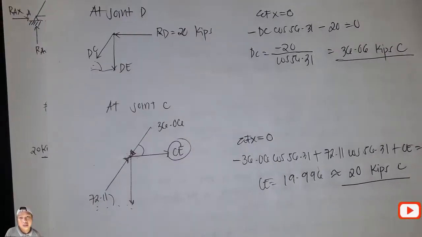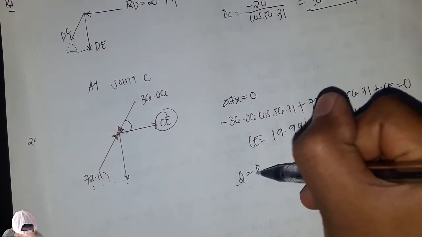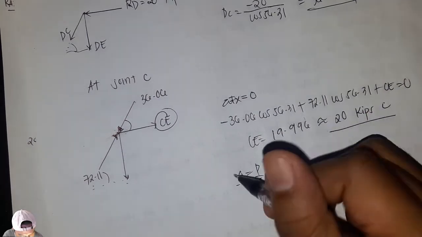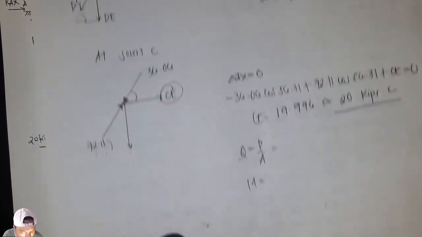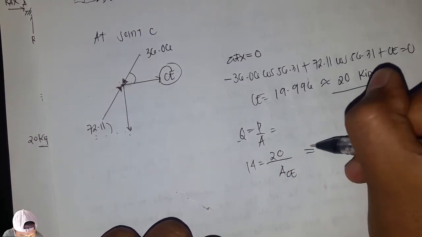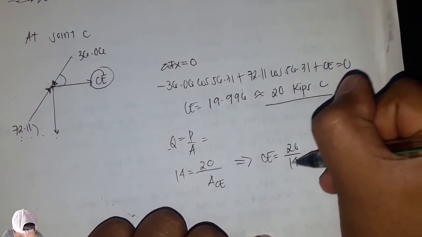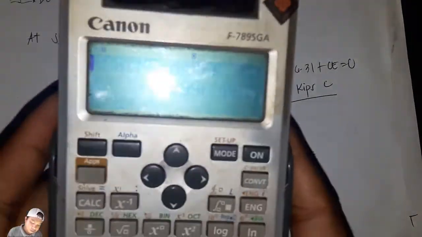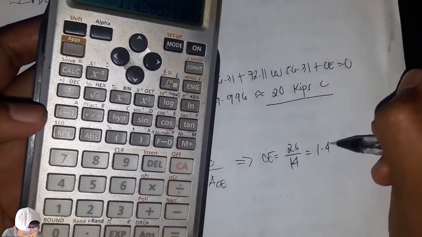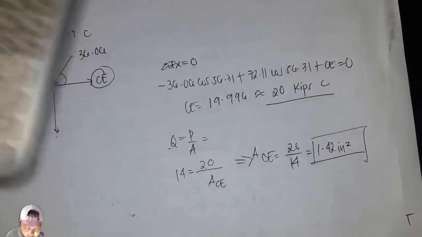So it's compression, meaning our Q is 14. So still Q equals P over A, Q is 14 equals PA. P is 20, and the area of CE, so CE equals 20 over 14. So 20 over 14 is 1.42 inch squared. This is the area ACE.